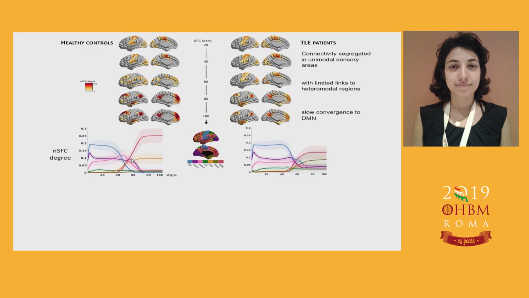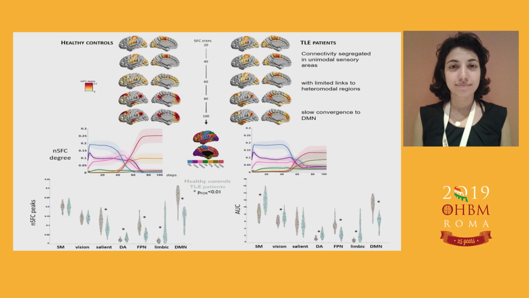Then we quantified these two plots by calculating the peak of connectivity and area under the curve, shown at the very bottom. So we have peak of connectivity at the left and area under the curve at the right, with the functional network on the x-axis. The TLE patients are represented in green and healthy controls in brown.